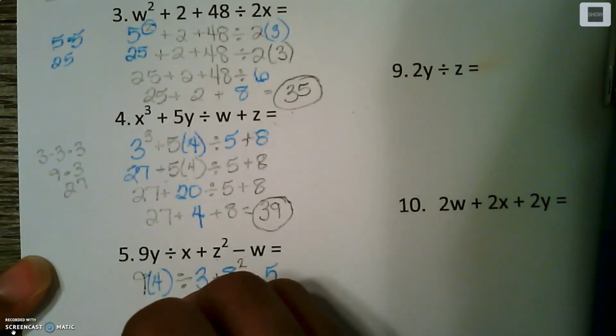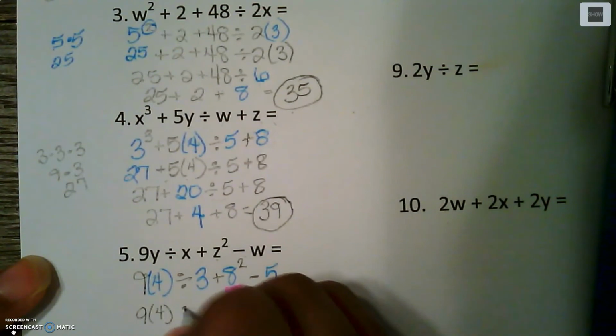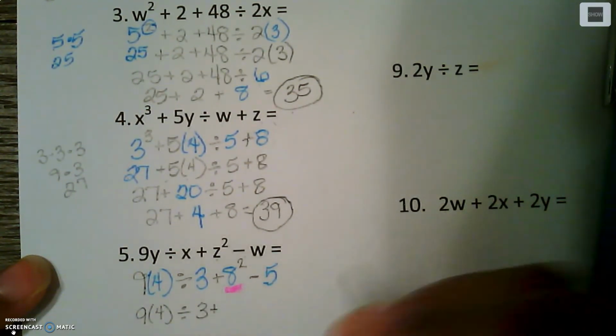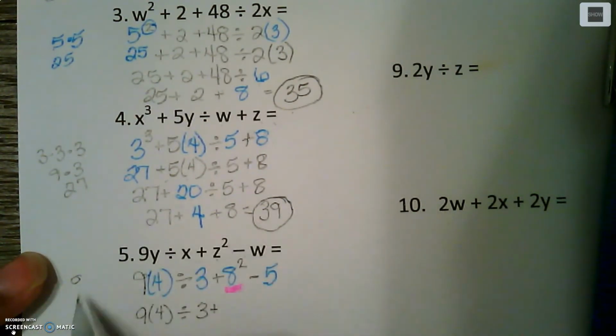So I'm going to rewrite everything else. 9 times 4 divided by 3 plus, let's see, do it to the side. We have 8 squared, which means 8 times 8, which gives me 64.